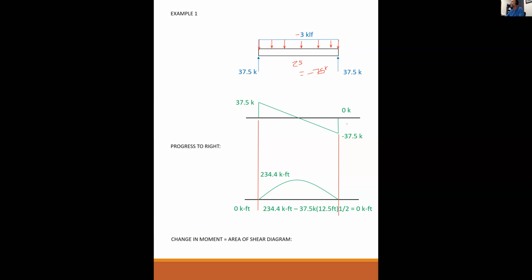What is the area of the shear diagram from A to B? It is 0, because all this positive is canceled by all this negative. So the total area of the shear diagram from A to B is equal to 0, so the change in moment from A to B is 0. Okay, guys seeing how this works?